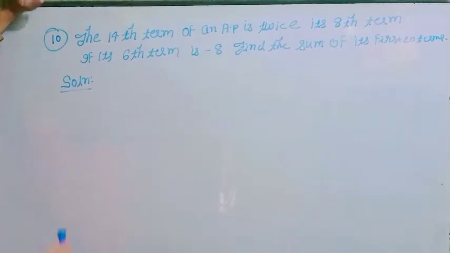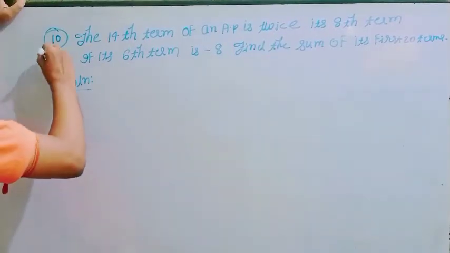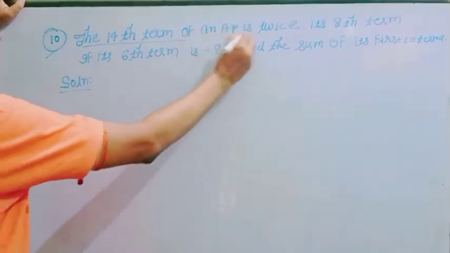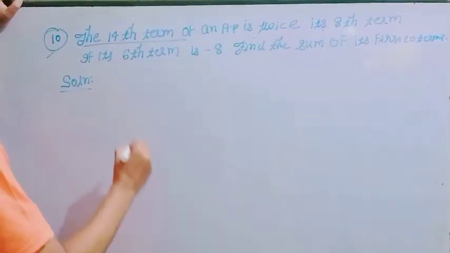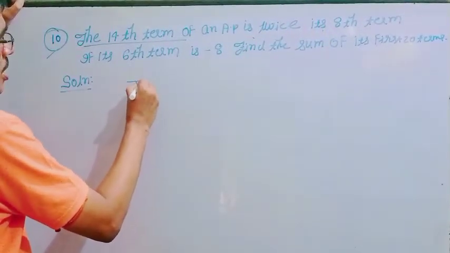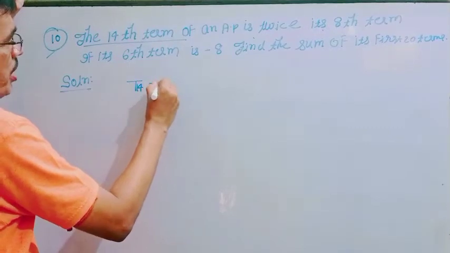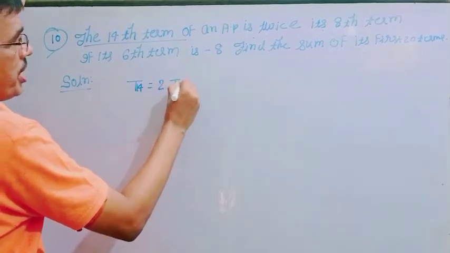Now see question number 10: the 14th term of an AP is twice the 8th term. That means T14 is equal to twice T8.